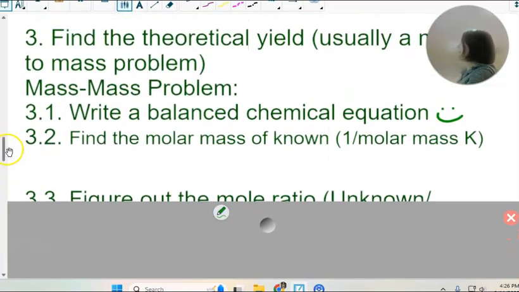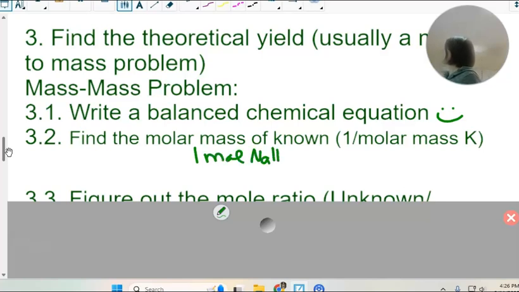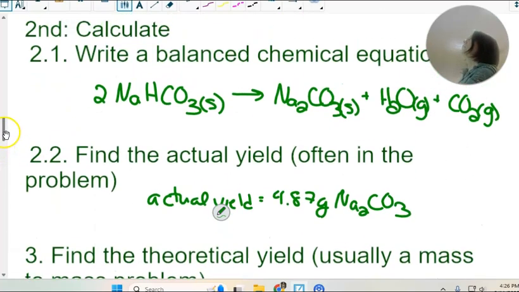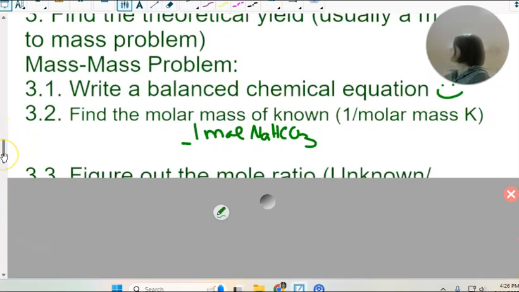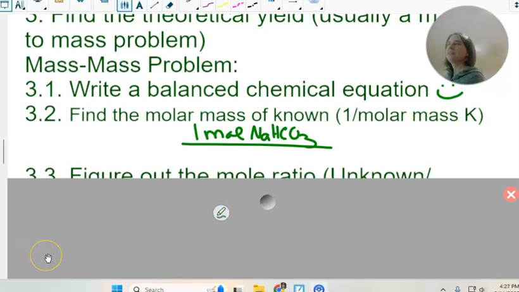So our sodium bicarbonate is going to be 1 mole of sodium bicarbonate over its molar mass. So take a moment and find the molar mass of sodium bicarbonate. Did you find that it is 84.01 grams? If so, good job.